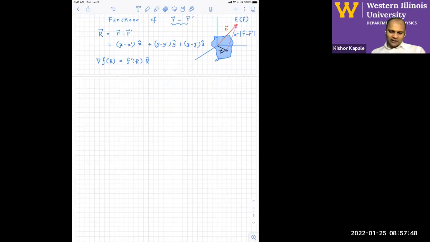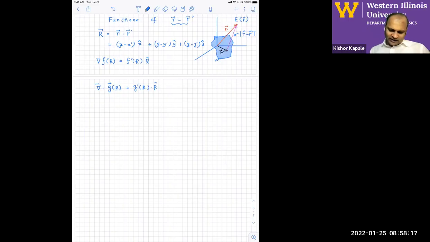If you have, let's say, a vector function of r, then the divergence of g of r is going to be similar to the previous case: g prime of r dotted with r hat. So divergence only picks out how the function changes, right? The spatial derivative in the radial direction, right?